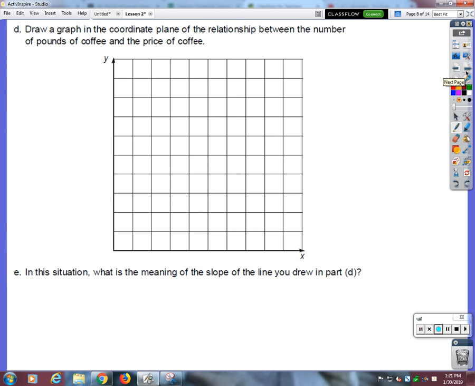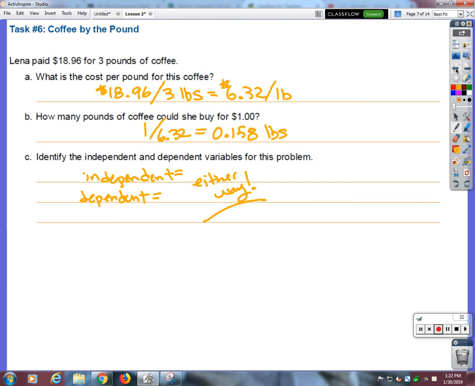Okay, draw a graph in the coordinate plane of the relationship between the number of pounds of coffee and the price of coffee. So now we've got to decide which way we're going to go, because the independent one always goes on the X and the dependent goes on the Y. How much it costs depends on the weight. Okay, so I'm fine with that.